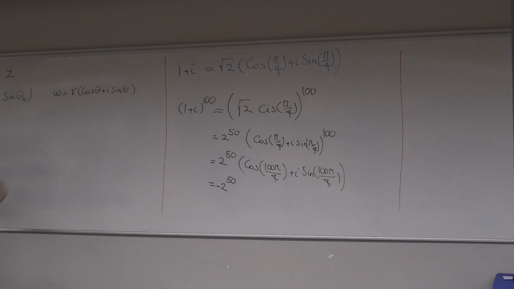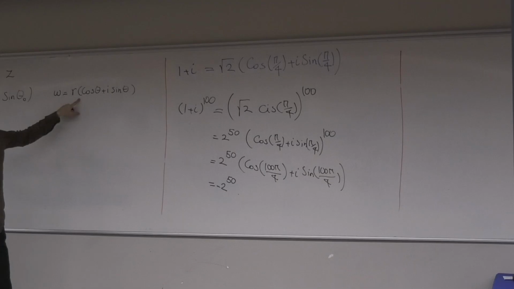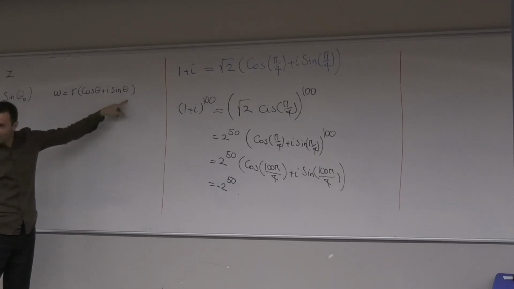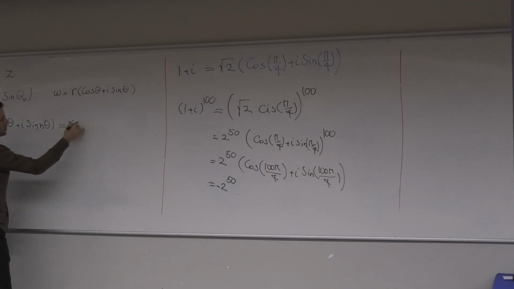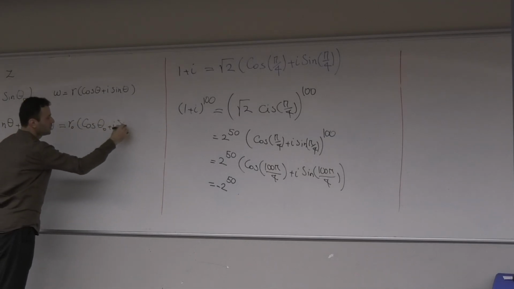This is going to be r to the power of n, and this number to the power of n is cosine of n theta plus i sine of n theta, right? This must be equal to what? r0 times cosine of theta 0 plus i times sine of theta 0.